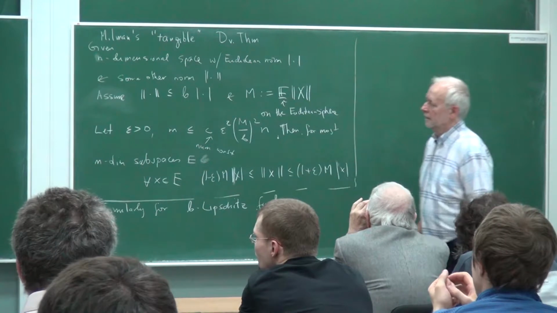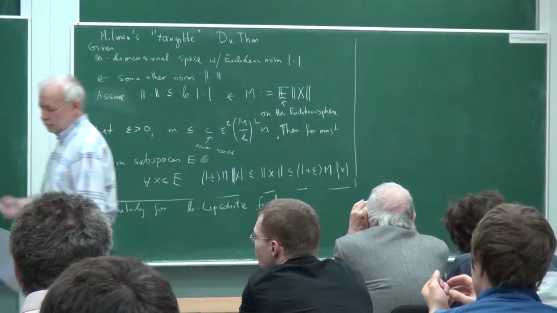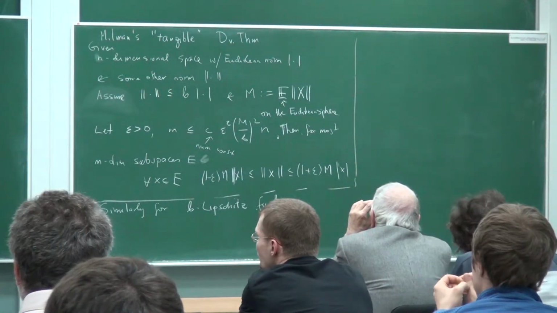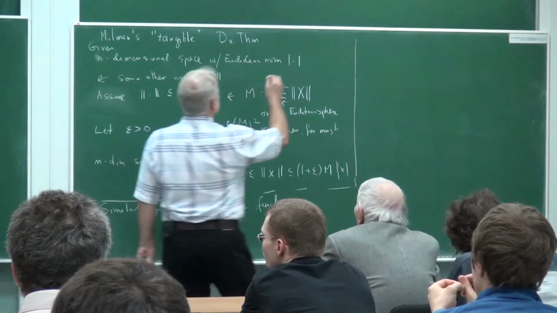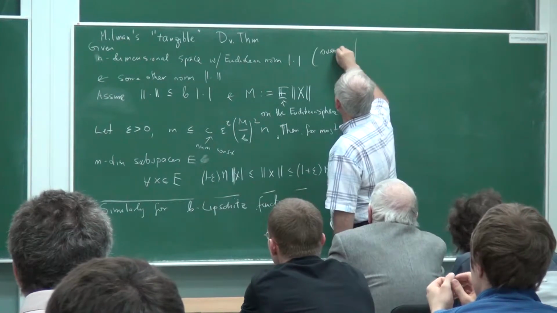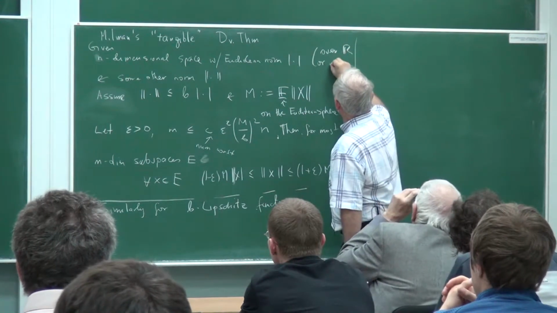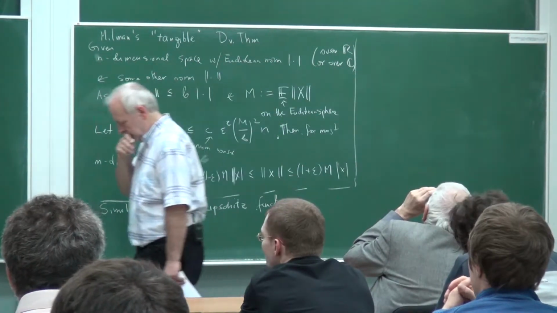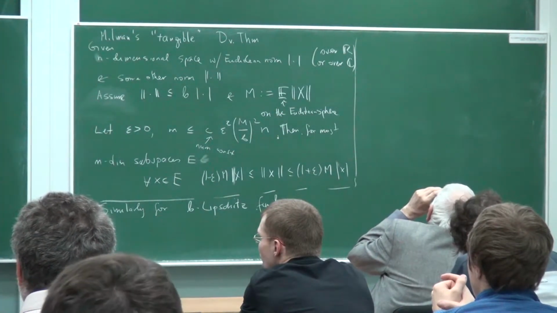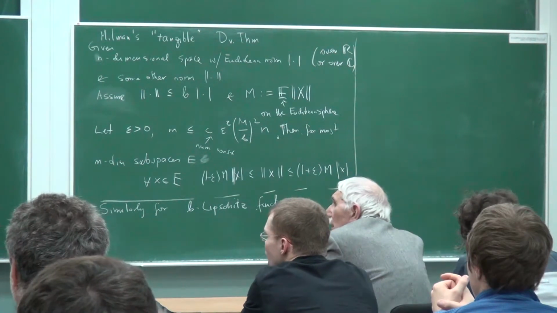And the intrinsic fact here is that we can say this over R or over C, and actually in the context of quantum information theory it is the complex variant which will be important.